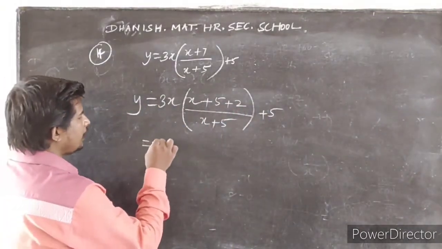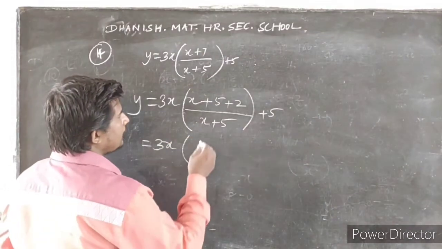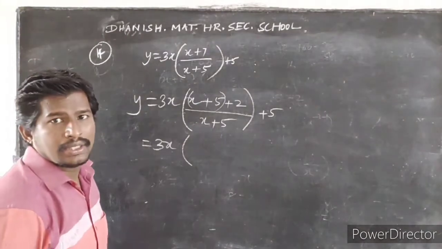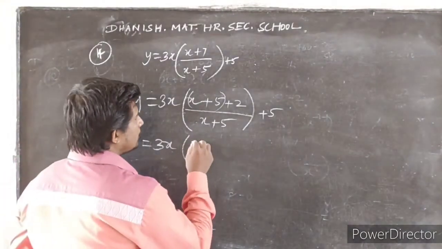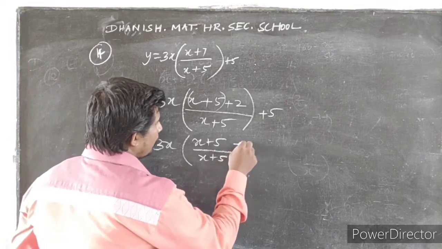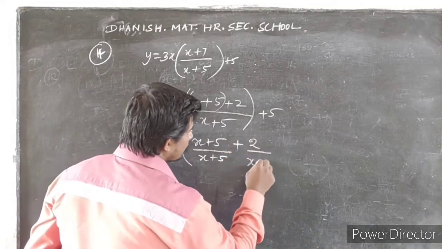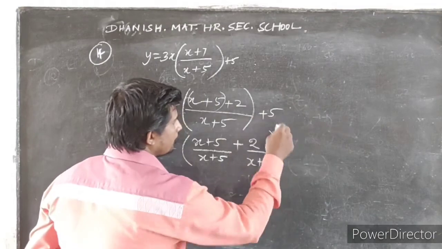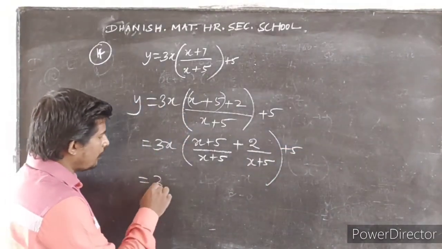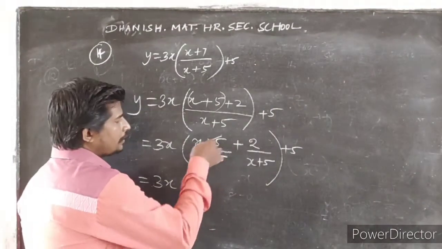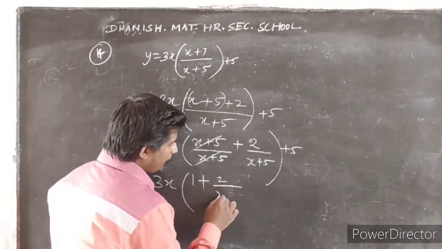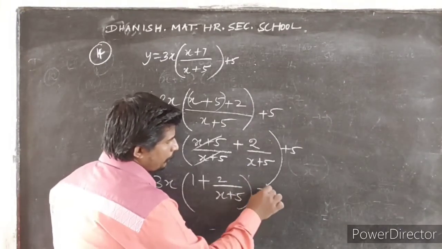Now I am going to group these two terms as a single term: x plus 5 divided by x plus 5, plus 2 by x plus 5. Now this is equal to 3x into, these two terms will get cancelled, so we will have 1 plus 2 by x plus 5, plus 5.